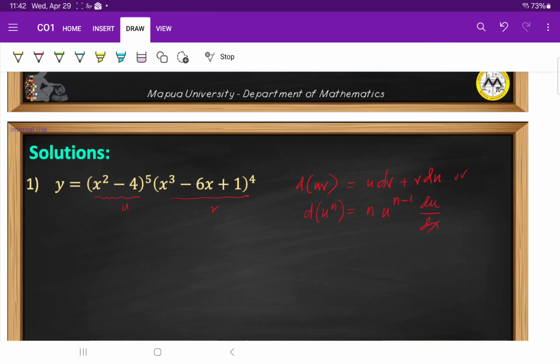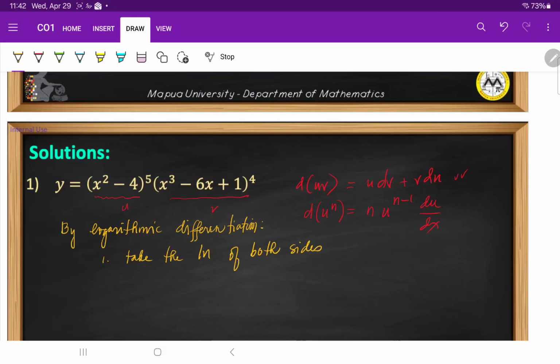If we're going to use logarithmic differentiation, what we do first, the first step, is to take the natural logarithm, the ln, of both sides, and then simplify using the laws of logarithm.